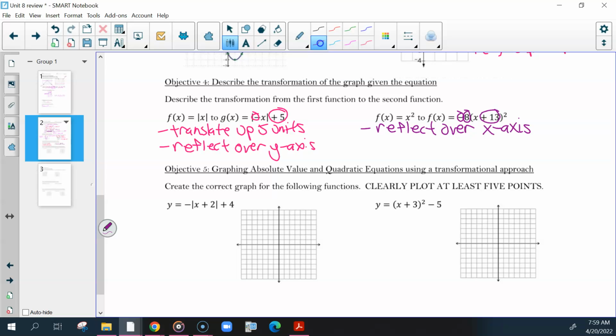The 8 on the outside, if it's bigger than 1, that's a stretch. If it's a fraction, that's a compress. So that would be a vertical stretch by a scale of 8.